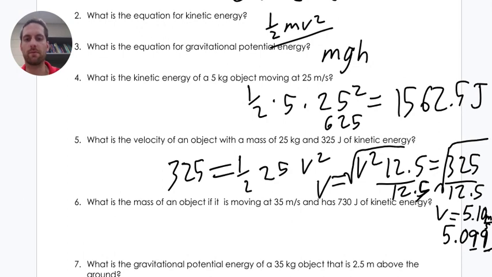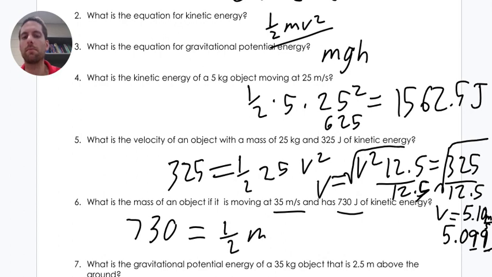So mass of this object, there's our speed or velocity. Here's our kinetic energy. We want the mass. So 730 equals 1/2 m, which we don't know, times 35, which we do know, squared.